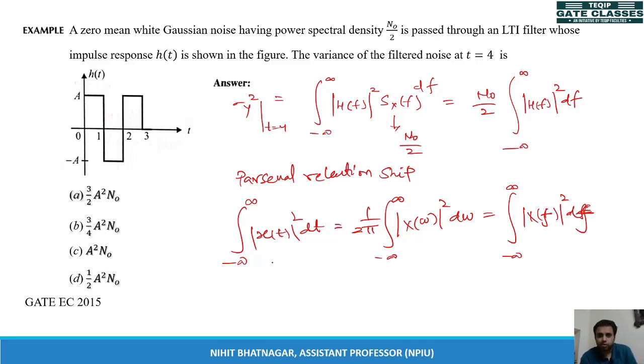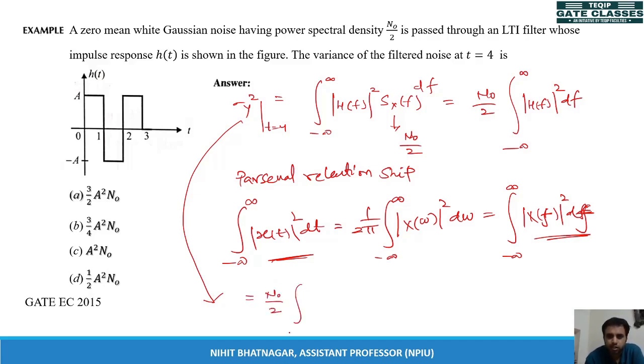So by the help of these two relationships, we can see here it is |H(f)|² df, and so here it has become integration from minus infinity to plus infinity of |h(t)|² dt.